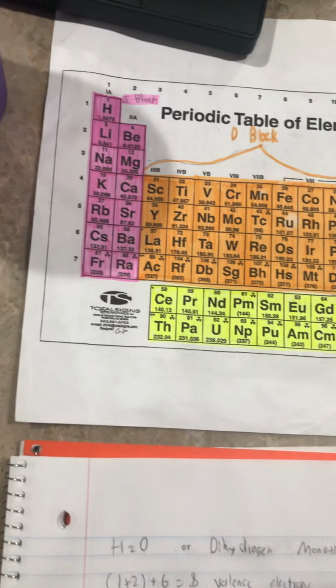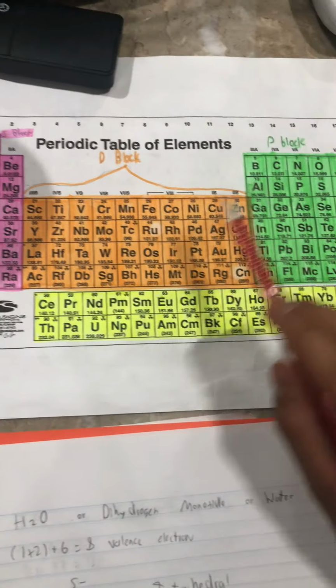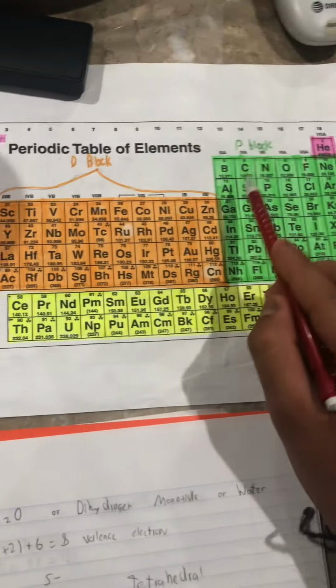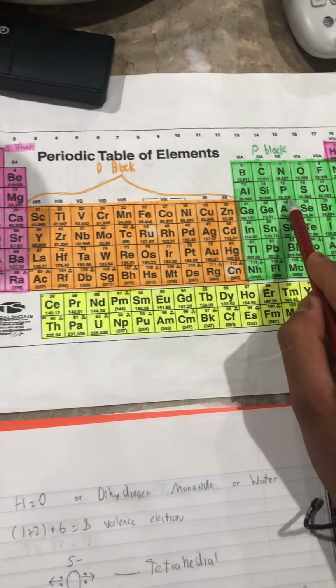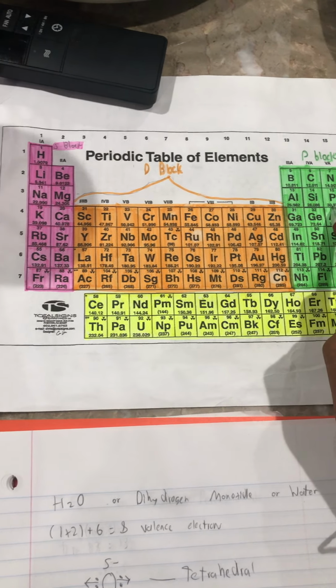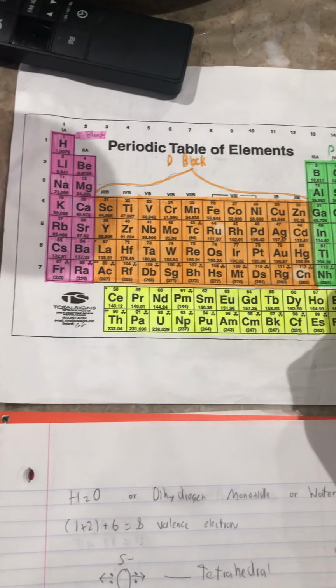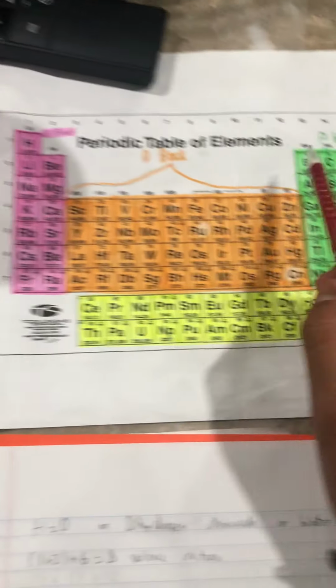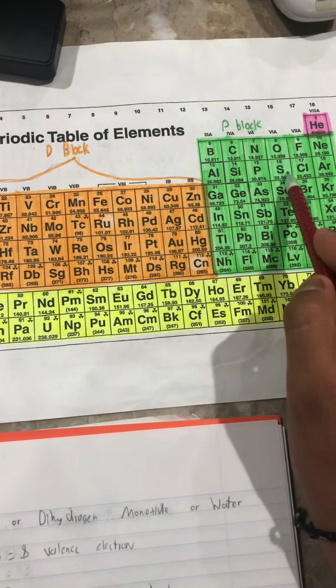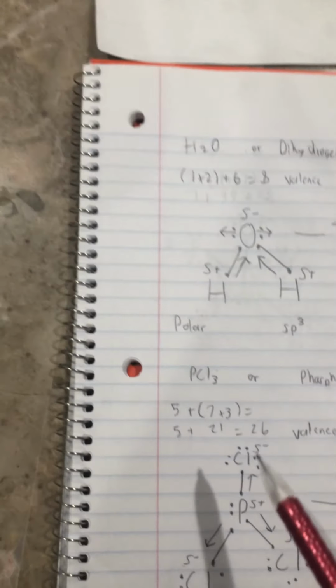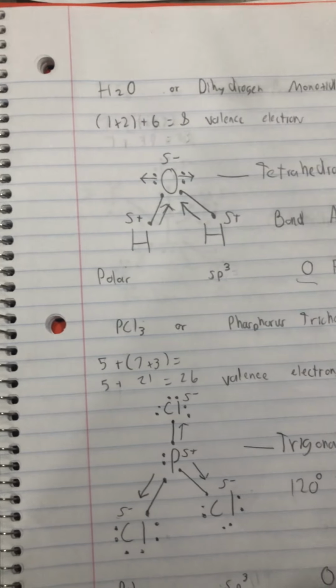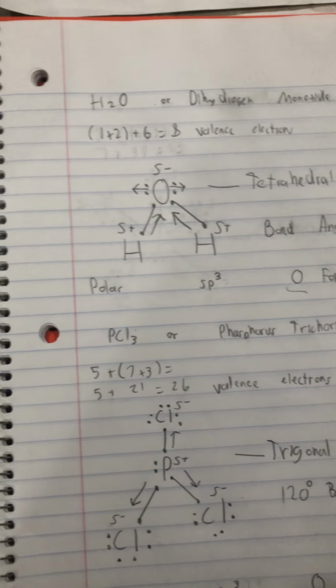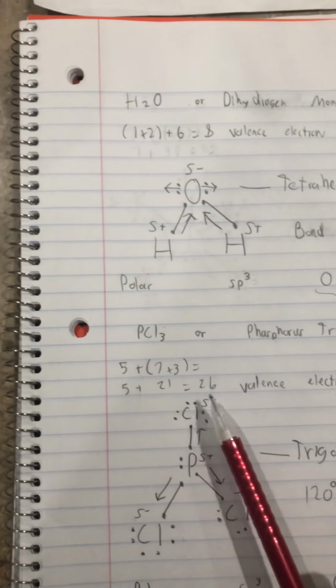P is in group 5, so 1, 2, 3, 4, 5, group 5. And Cl is in group 7. 1, 2, 3, 4, 5, 6, 7. So as you can see here, I put 5 plus 7 times 3. 7 times 3 is 21, plus 5 is equal to 26.